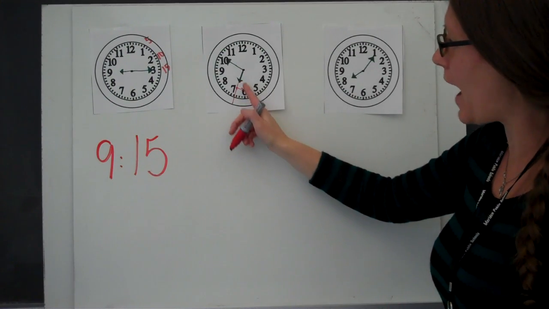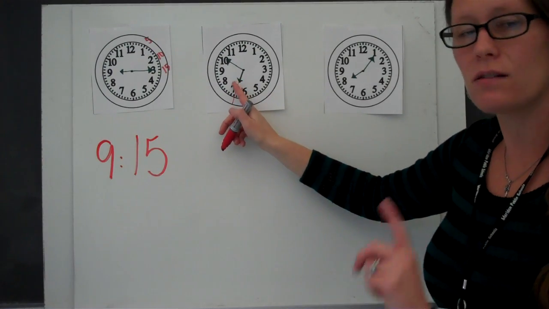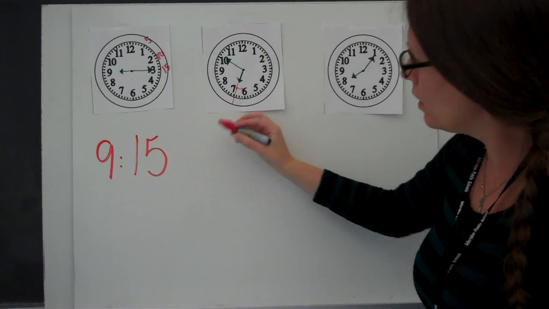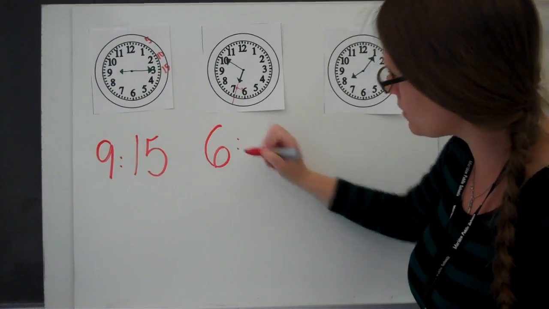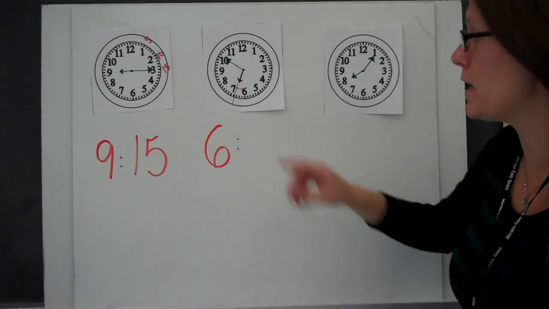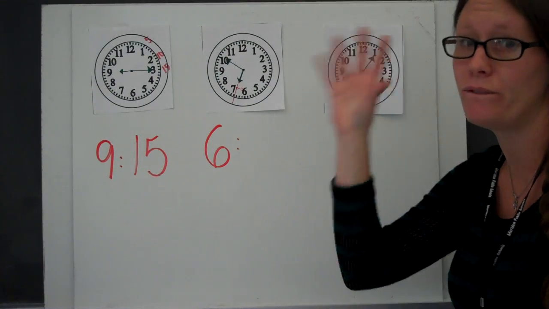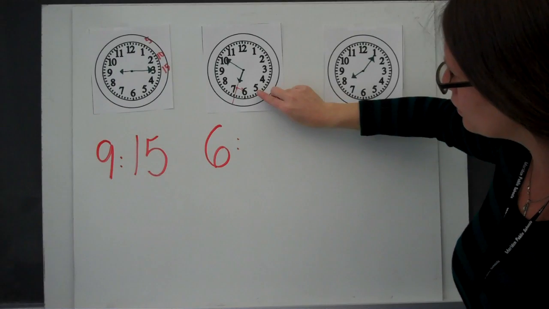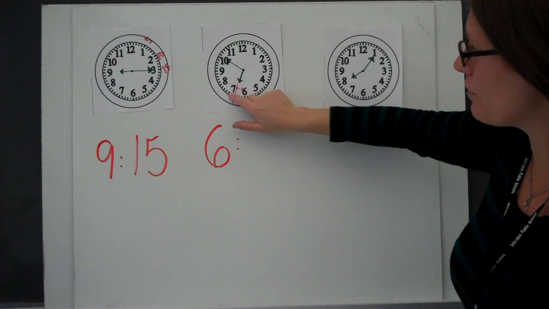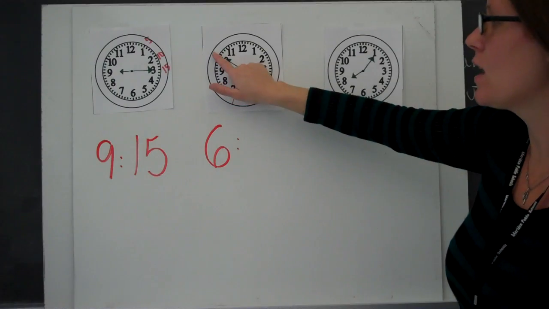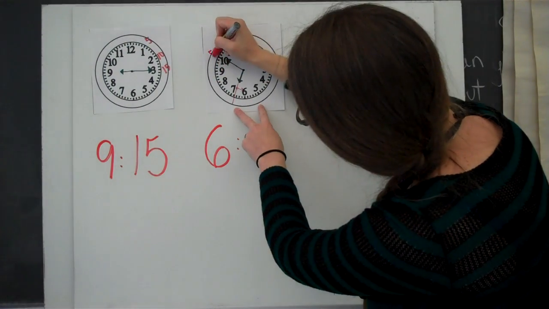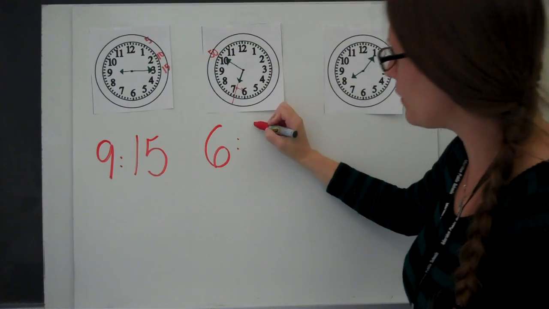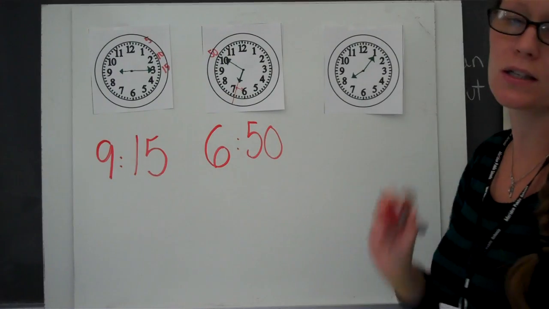When the hour hand touches the 7, then it would be in the 7 o'clock hour. But it's not there yet. It still needs time to get there. So my hour is 6. Now I can go to my minutes, and I'm going to count by fives. 5, 10, 15, 20, 25, 30, 35, 40, 45, 50. When I am pointed at the 10, I know that it's really 50, and I got that by counting by fives.